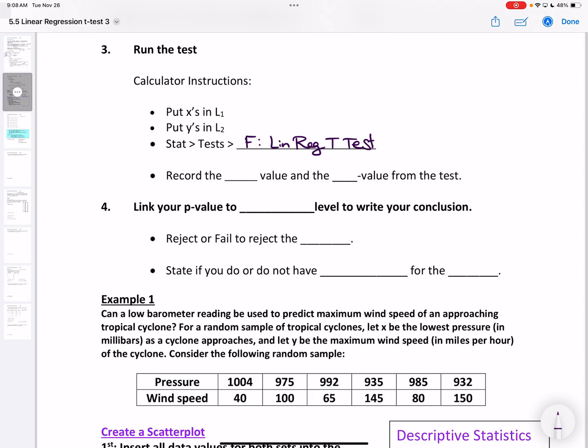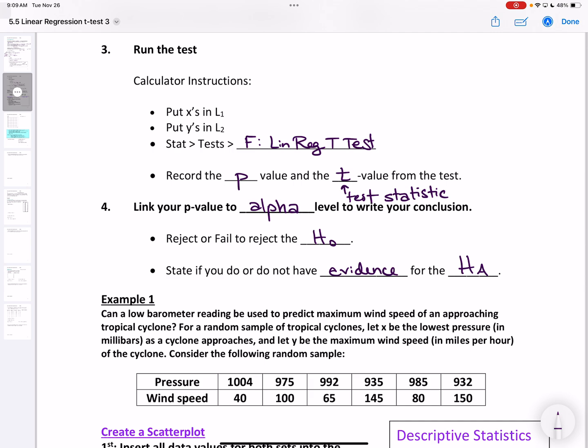So you're going to record the p-value and the t-value because t is your test statistic. Then you link your p-value to your alpha level to write your conclusion. And we reject or fail to reject the null. So then we state if we do or do not have evidence for the alternate.